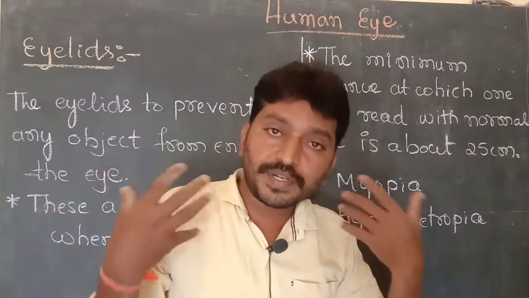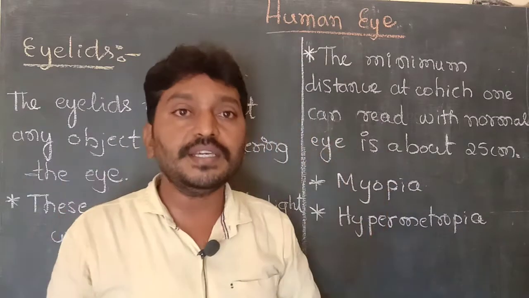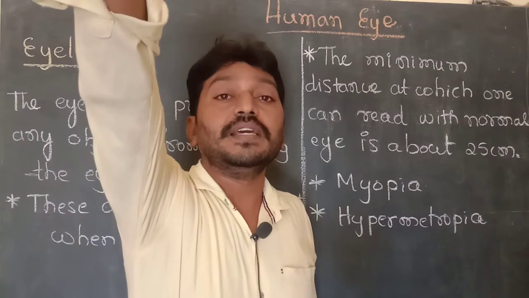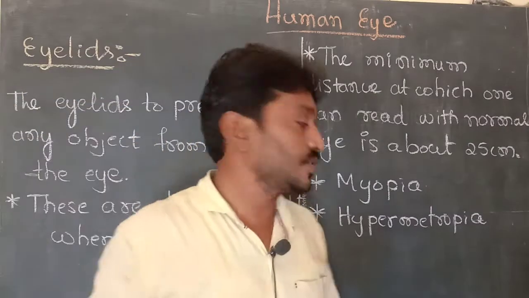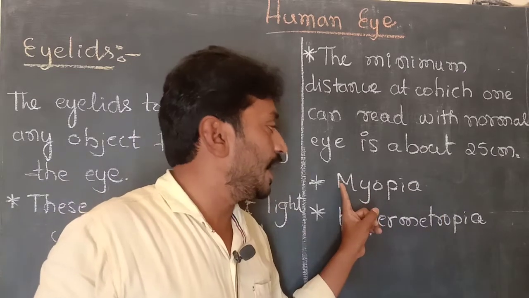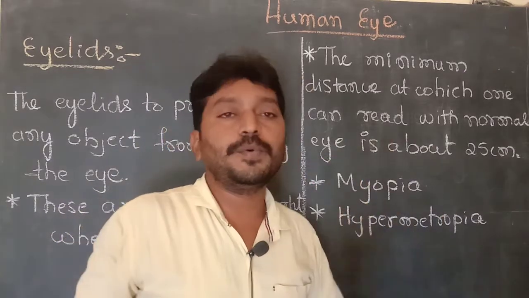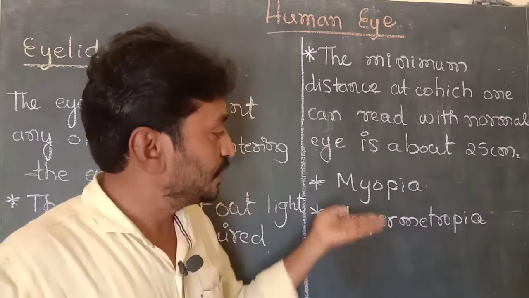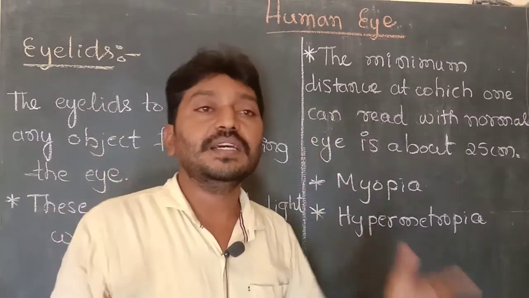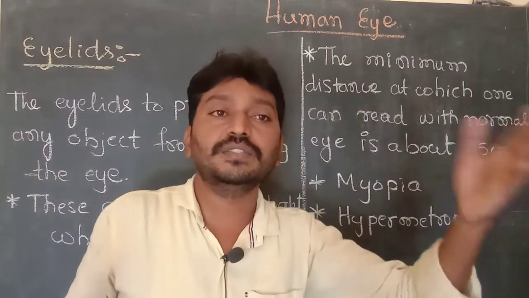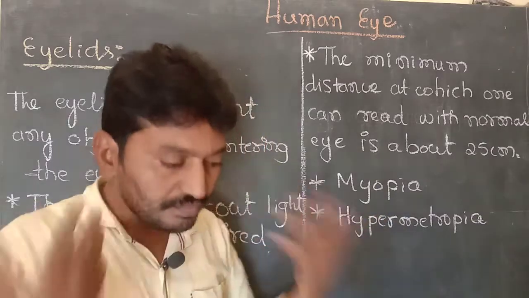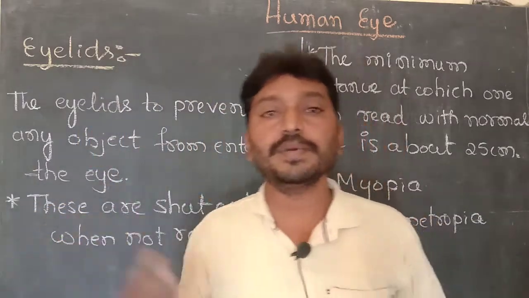And the person who cannot see near objects clearly but can see far objects clearly, that type of defect is called hypermetropia. Hypermetropia and myopia are very important for us because these are the two defects of the eye, especially when a person reaches old age. These two occur when a person becomes old.